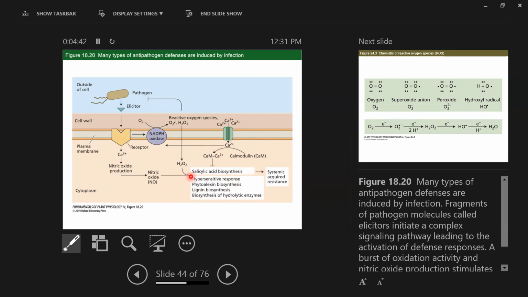So the big picture idea of what's the hypersensitive response versus phytoalexins. So knowing the big picture ideas of these defense responses. And then systemic acquired resistance is different from induced systemic resistance. So keeping those two clear.